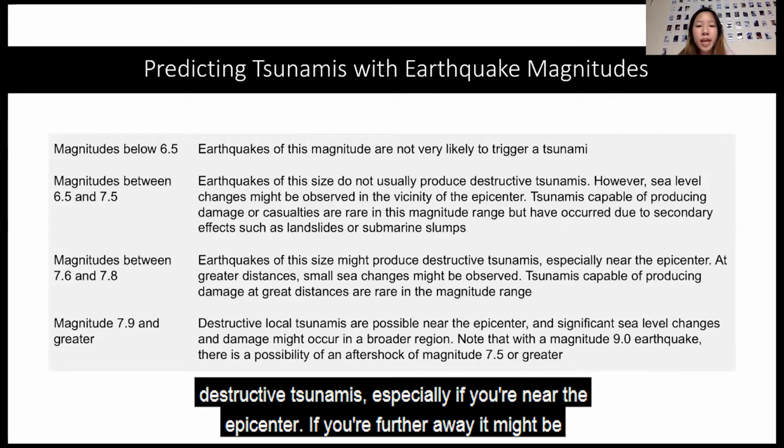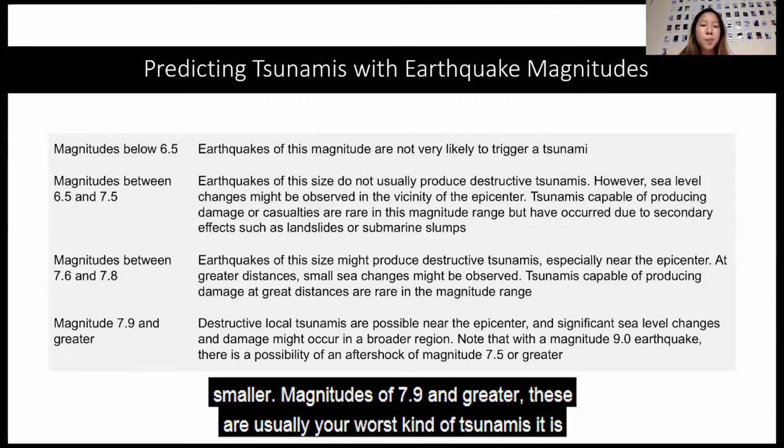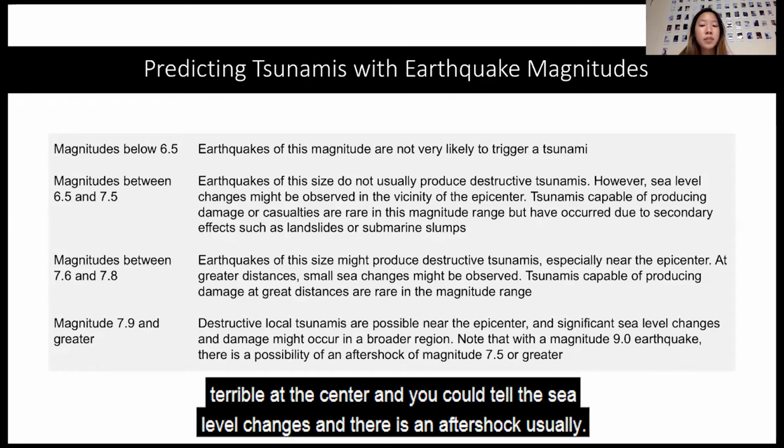If you're further away, it might be smaller. Magnitudes of 7.9 and greater, these are usually your worst kind of tsunamis. It is terrible near the epicenter, and you could tell the sea level changes, and there is an aftershock usually.